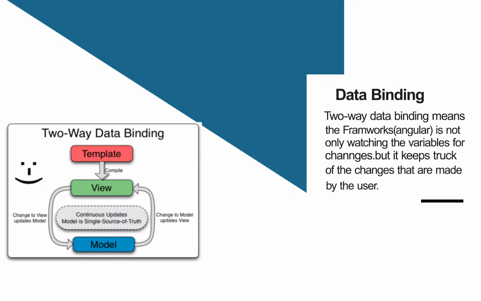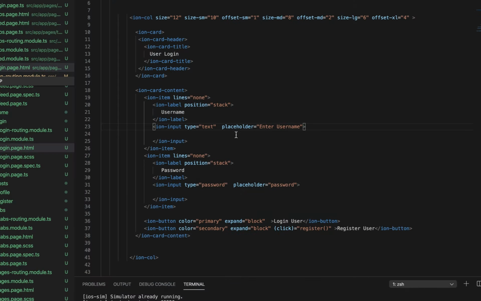An example is the input elements that we have here, which keep updating the variables accordingly. The variables that we are talking about in this case are the ones we are going to define in the login.page.ts file.